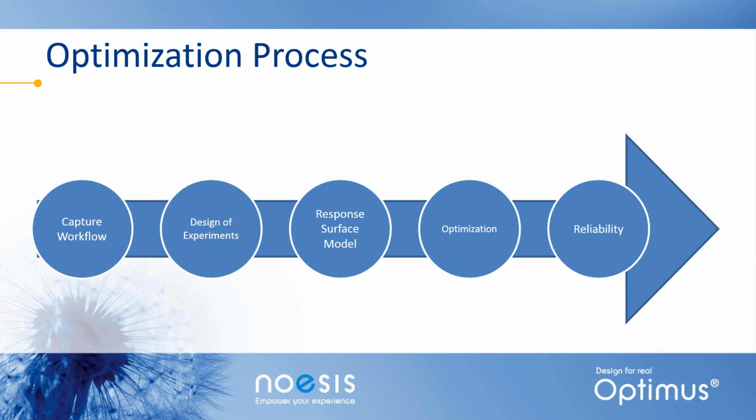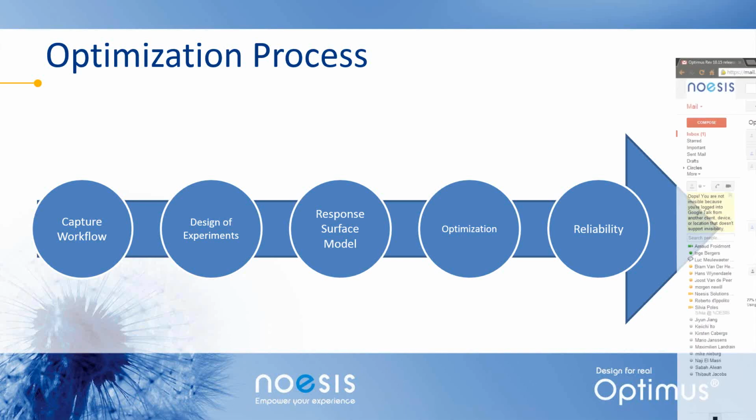After you have that statistical coverage of your design space, you can generate a response surface model, which will allow you to perform an optimization that could include many hundreds or many thousands of calls that can be done on a response surface model in just a few moments. Then, of course, is testing the reliability of the response that you get. So whether that's validation or some sort of robustness analysis, that's the final step in our optimization process.